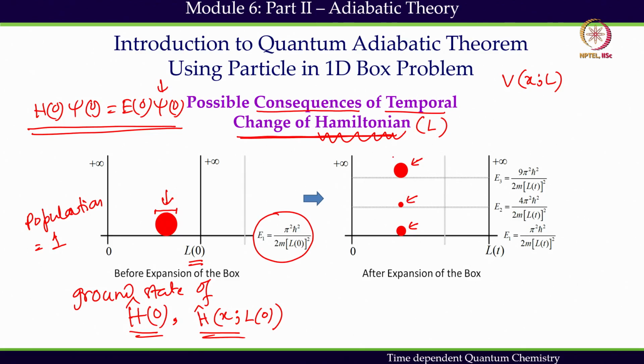And now the relative diameters are showing what kind of population I have. Then total, this one plus this one plus this one, the total probability is 1 definitely. But now, due to this change of Hamiltonian, it is not necessary that it is an adiabatic change.